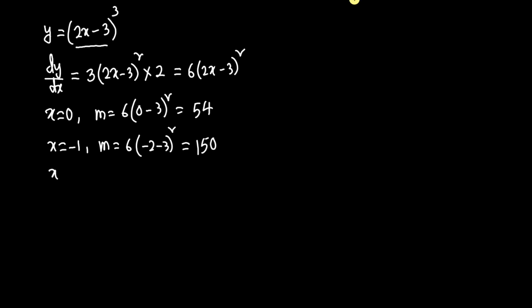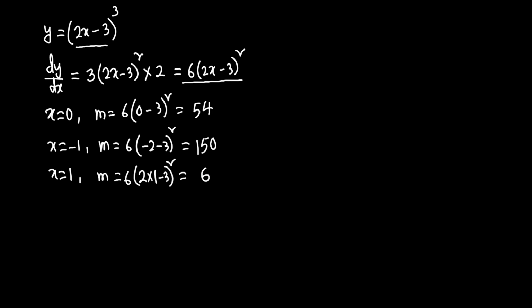Then go for x equals positive 1, and it gives us 6 into (2 into 1 minus 3) whole square, which is 1 square, 1 into 6 is 6.